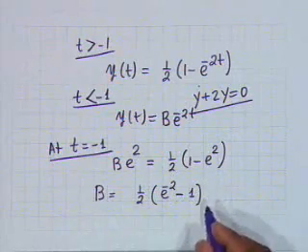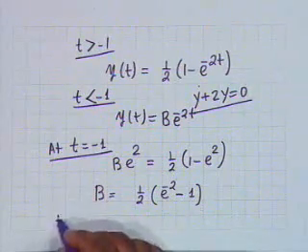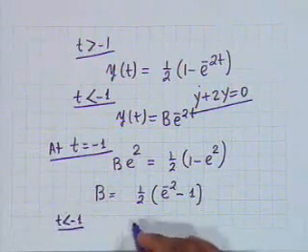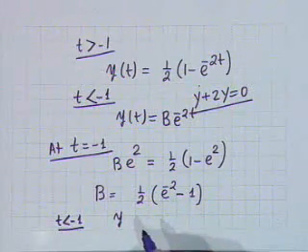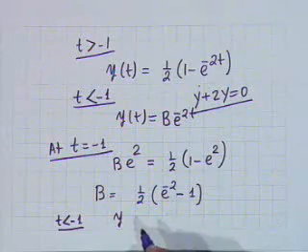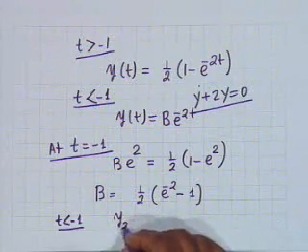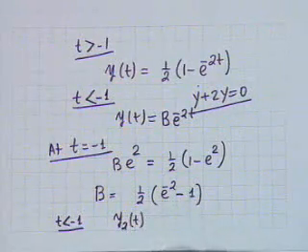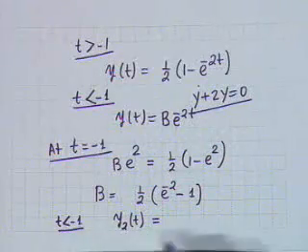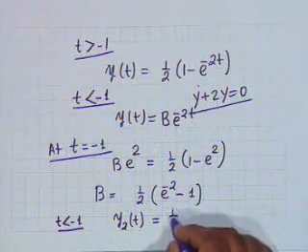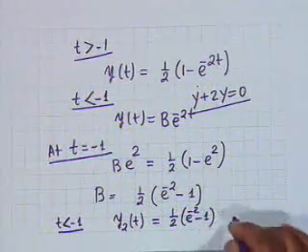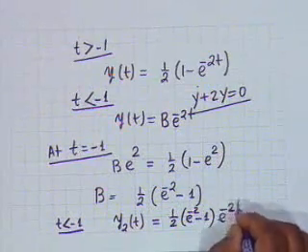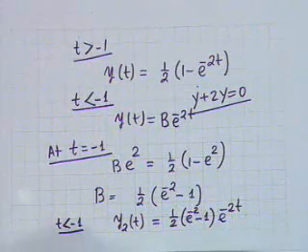We divided by e squared, and therefore for t less than -1, y, which shall now be called y2 of t, you recall this is the response to x2 of t, is equal to half e to the minus 2 minus 1 and then e to the minus 2t. Agreed?